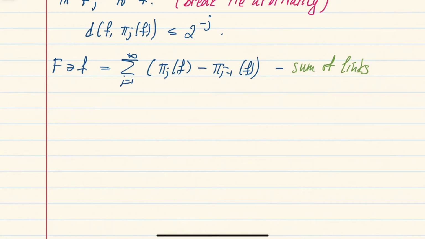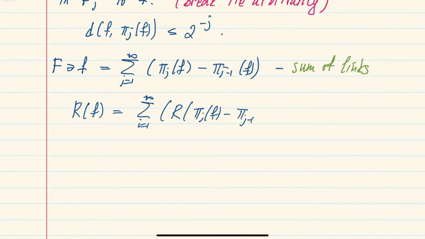Because our Rademacher process is linear, is a linear function, so you can write it as a telescopic series of the Rademacher process applied to these links given by the difference of two consecutive approximations. And because the size of the link is getting small, we will have a very good control of this Rademacher process.